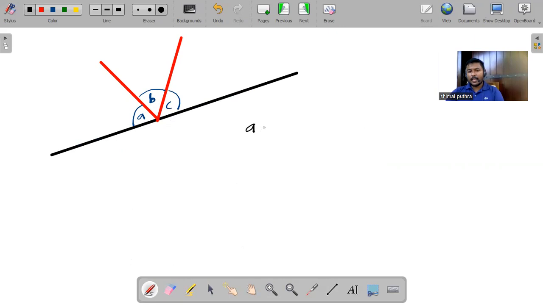So A plus B plus C should be equal to 180. This is the theory. No need to write this one, just discuss with me, because I will provide the short note for this part at the end of the model paper.